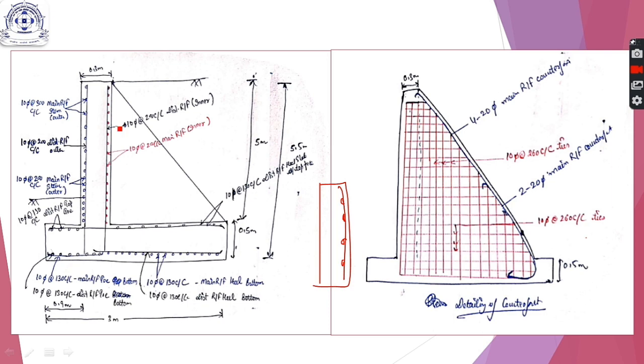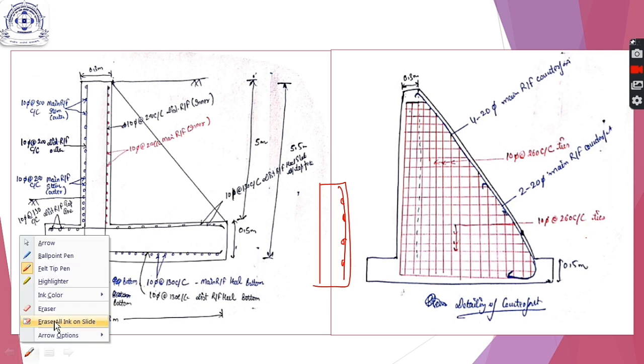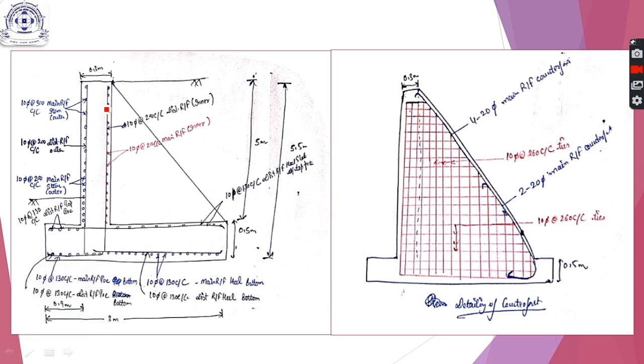Now it is exactly opposite for this counterfort stem. In counterfort stem, these horizontal bars are the main reinforcement provided on the inner face near the supports, and on the outer face near the midspan.